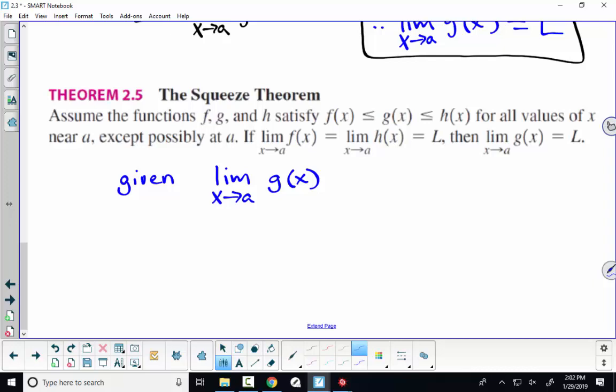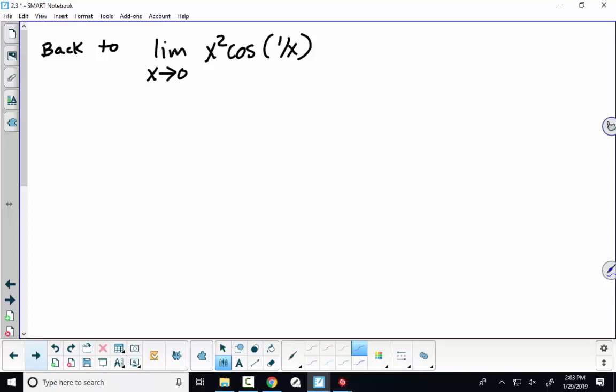Okay. So with this in mind, we can go back to the x squared cosine of 1 over x function. Are there any questions at all on this? All right. So a couple more minutes. We're not going to finish all of this before we take a break, but let's at least establish this while it's fresh on our minds.